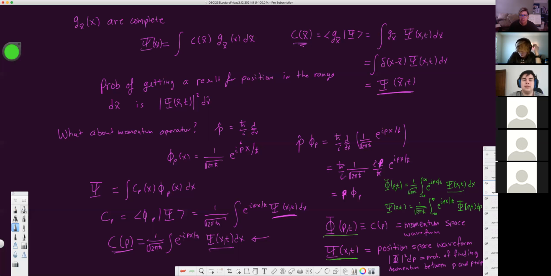And again, like we had with the position space wave function, so I'm going to put that up here. I know we're running out of room up here, but I just want to close out this little piece.